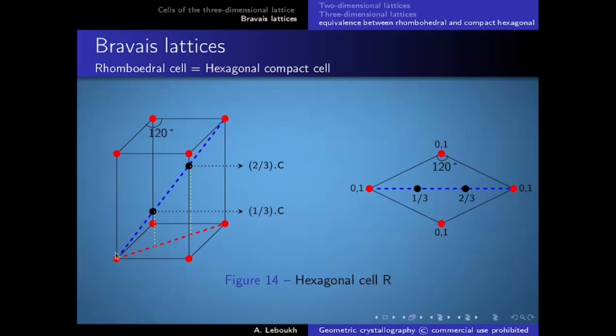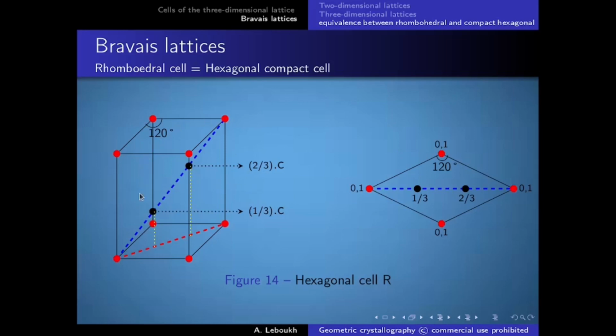In position 0 we have 4, and in position 1 we have 4. And we have 2 patterns, the first at 1/3 of C, and the second at 2/3 of C, or the first at 1/3 of this blue principal diagonal, and the second at 2/3 of this diagonal.